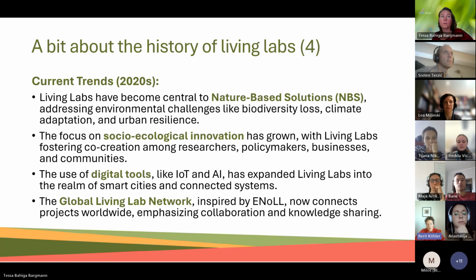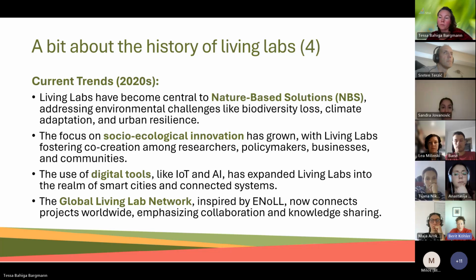So a focus on socio-ecological innovation has grown in the meantime. And here the living labs are right at the forefront, fostering co-creation among researchers, policymakers, businesses, and communities. So possibly the widest spectrum of actors in society.